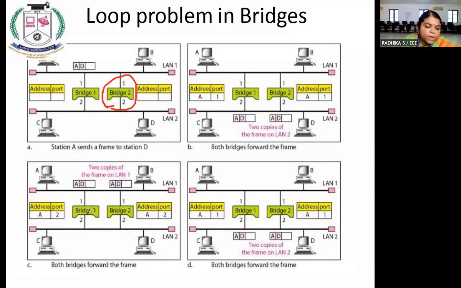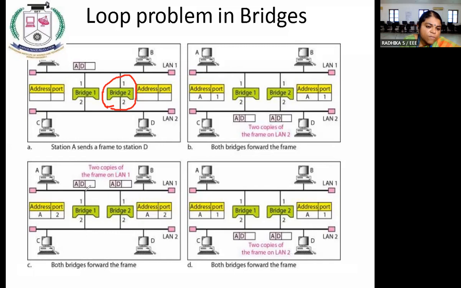And bridge 1, on seeing a frame coming from port 2, will find that the source address, address A, is associated with port 2, because bridge 2 sends the frame from its port 2, and when this frame is received by port 2 of bridge 1, it will misinterpret that A is associated with port 2.